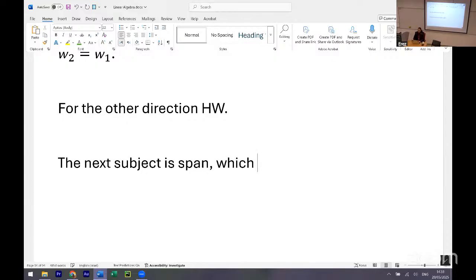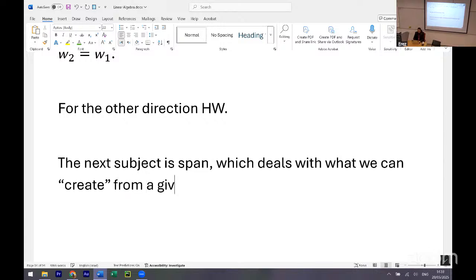Which deals with what we can so-called create from a given set of vectors.